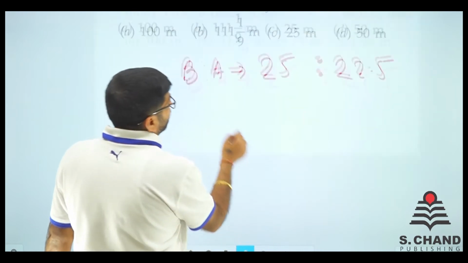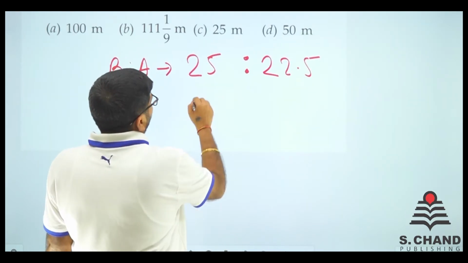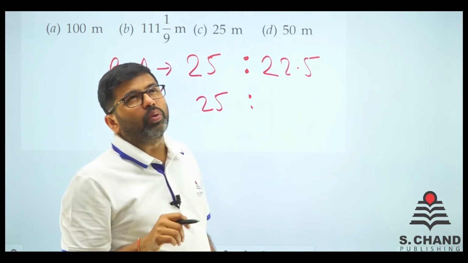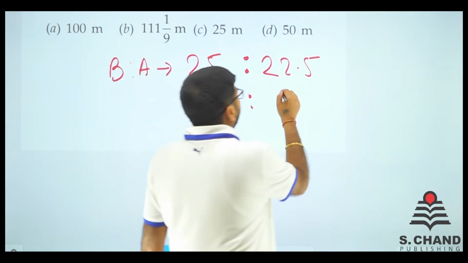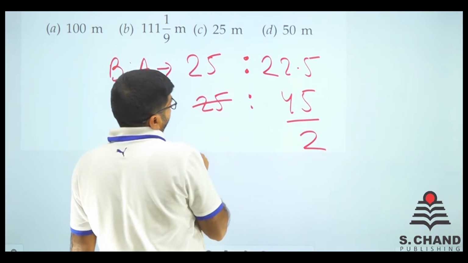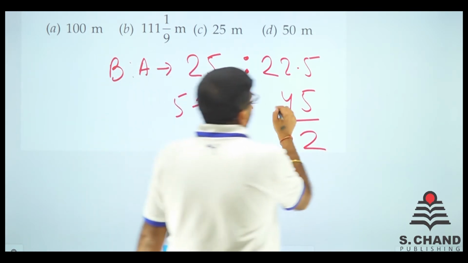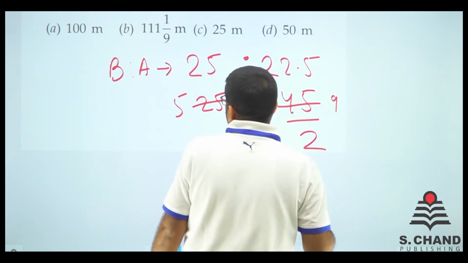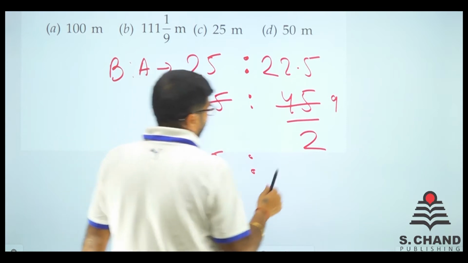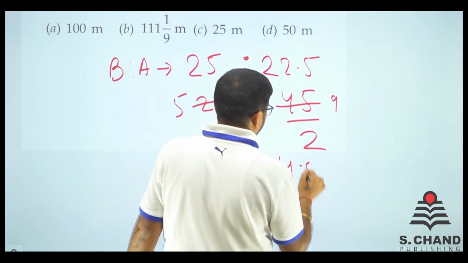Let's simplify a bit better. So this is 25, this is 22.5. 22.5 into 2 is 45. So 45 by 2. 25 is 5 times, and 45 is 9 times. So it's like 5 into 4.5.